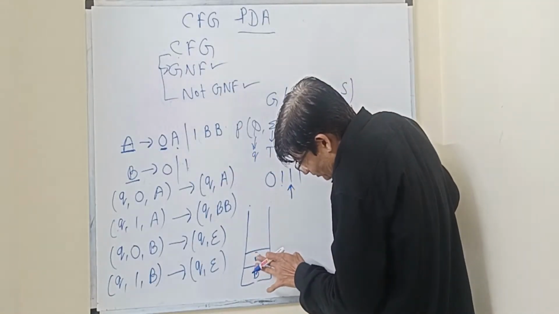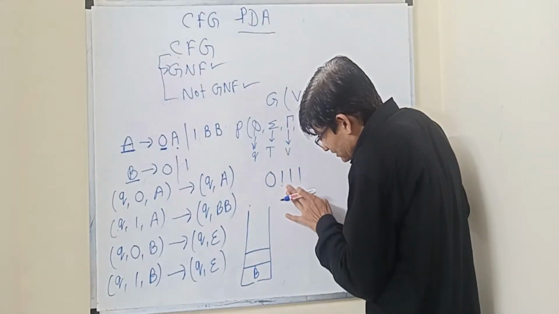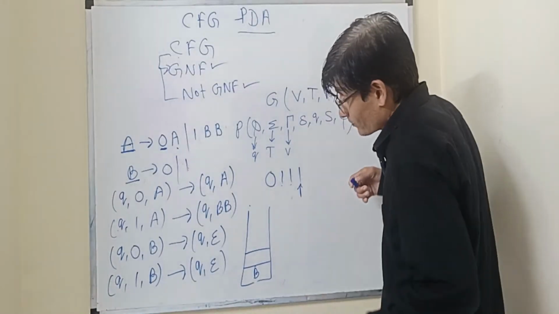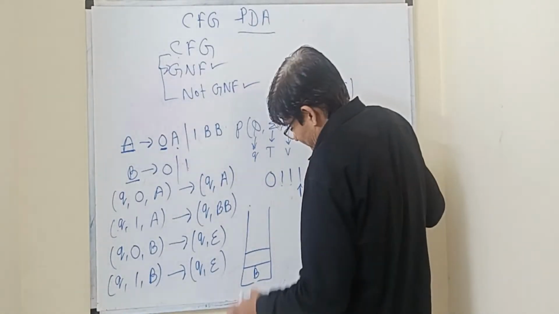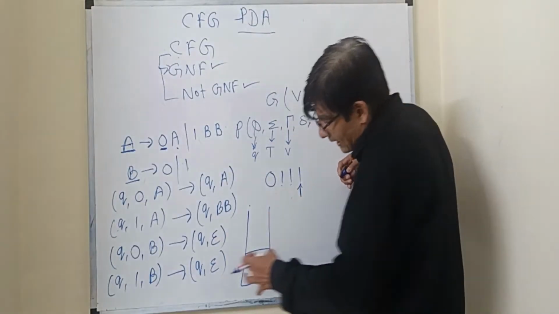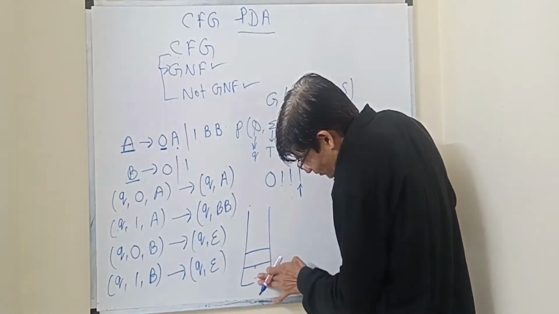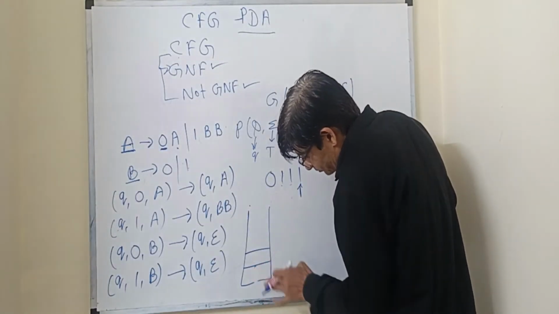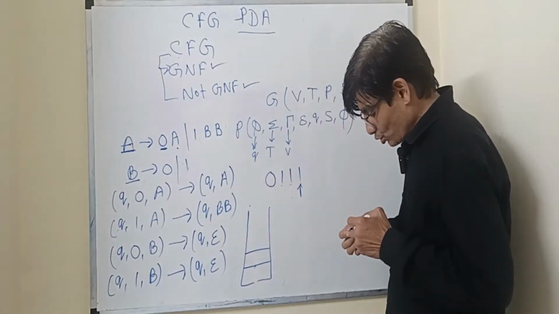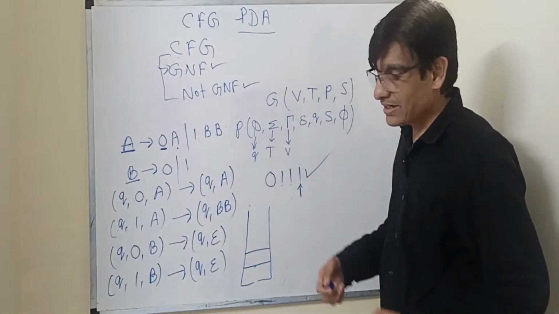So we will remove this B from the stack, and as we have removed something, we can again move the pointer here. Now again the same combination: we are in Q, we are reading 1 and the stack top is B. So again we can use the same rule and remove this B from the stack. In this case, as the stack is empty, this means the string is accepted by this PDA.